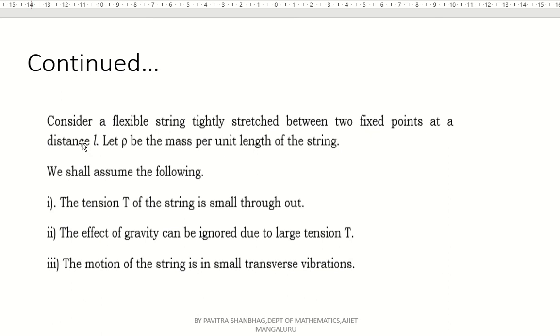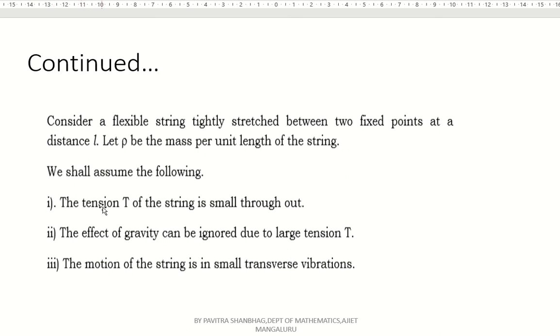Consider a flexible string tightly stretched between two fixed points at a distance L. Then what is the mass per unit length of the string? Rho. Let rho be the density, or mass per unit length, of the string. Now we have to assume the following points to prove the relation.